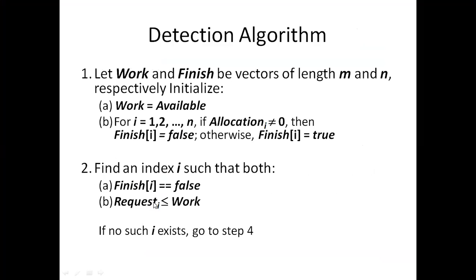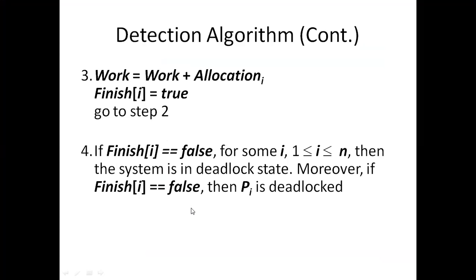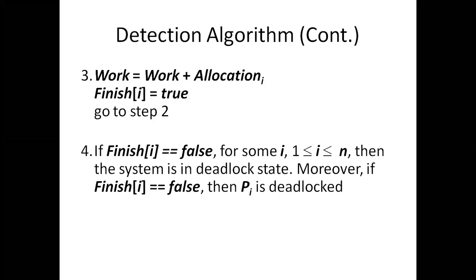So whenever there is a problem, the request is more than the available, then automatically the system will be moved to the deadlock state. If a process requires more number of resources than available, automatically you cannot assign the resources to the process. So you cannot complete the execution of a process. That means the system is in a deadlock state.